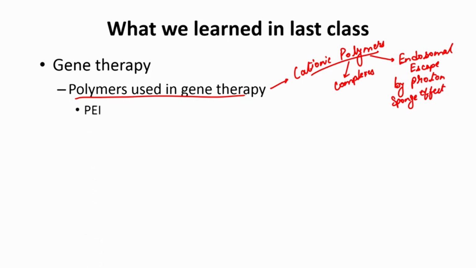Among these we discussed a few of the specific ones. One is PEI, which is polyethyleneimine, and what we found is that this is extremely efficient compared to all other polymers. However, there are issues such as toxicity associated with it, so you want to make sure that if you are using this, you are using it at the right concentration and right amount.